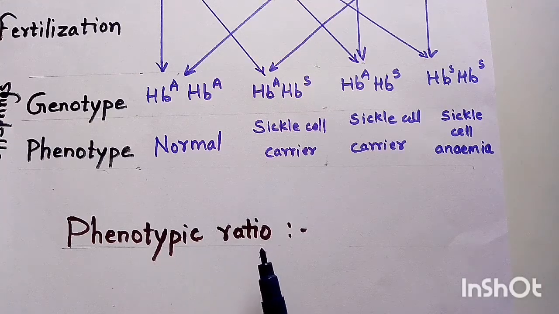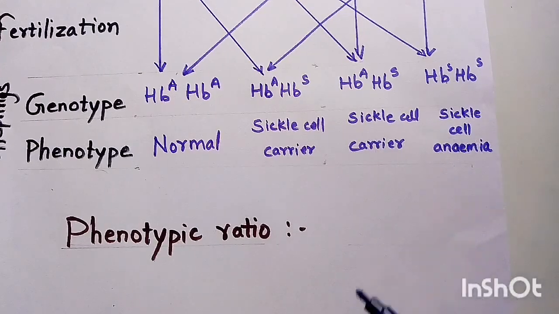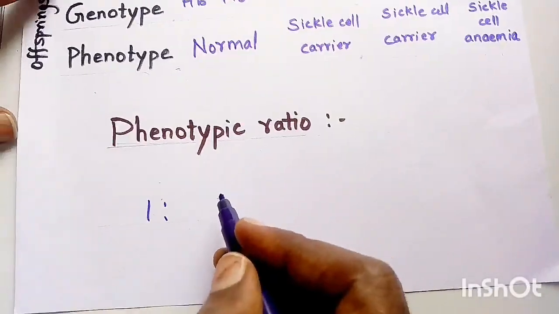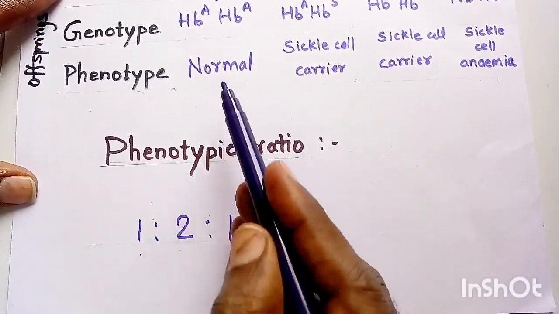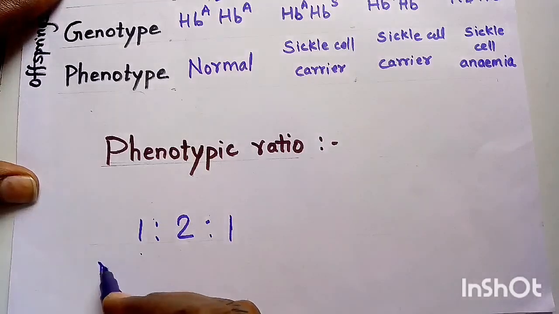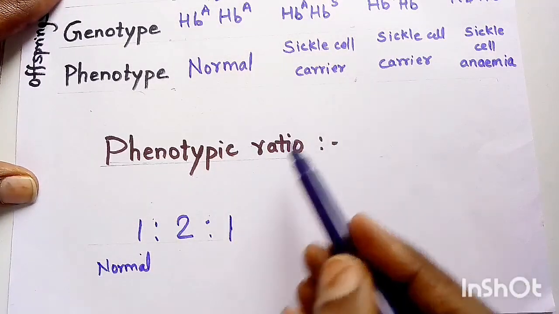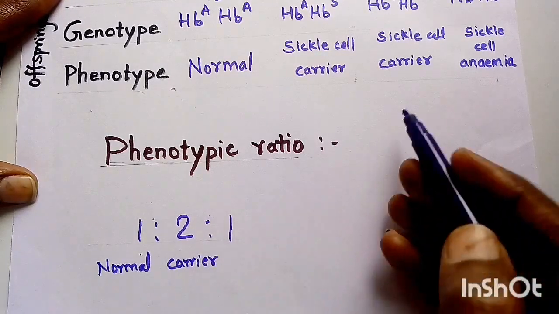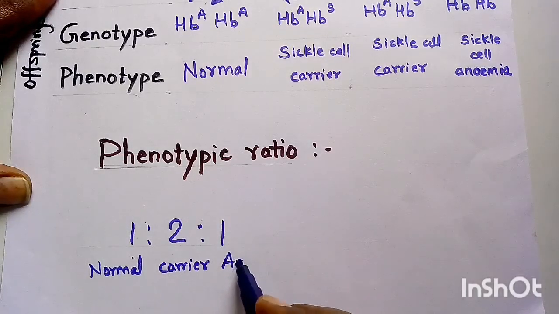So the ratio will become 1:2:1. 1 represents the normal offspring, 2 represents the carriers, and the last one represents sickle cell anemia.